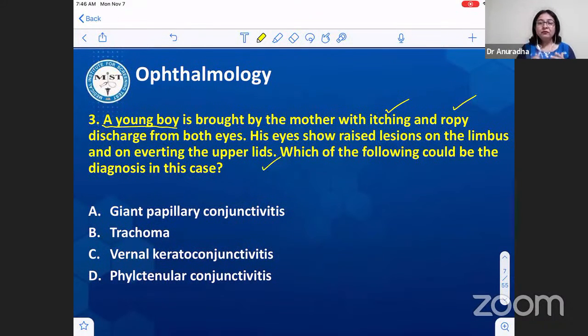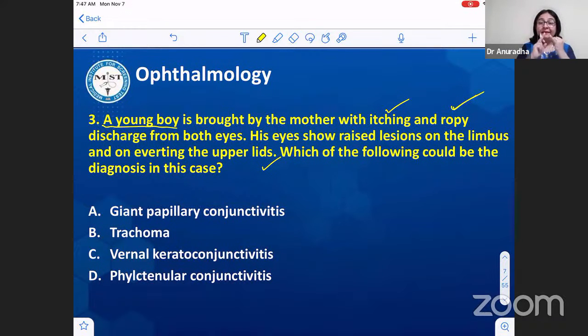So before even going through the choices, keep in your mind a young boy with itching and ropey discharge. Ropey discharge is a feature of allergic conjunctivitis. And in young boys, the allergic conjunctivitis which is commonly seen, as you know already, is spring catarrh. Though it is a very simple question, it has been asked repeatedly in your exams.